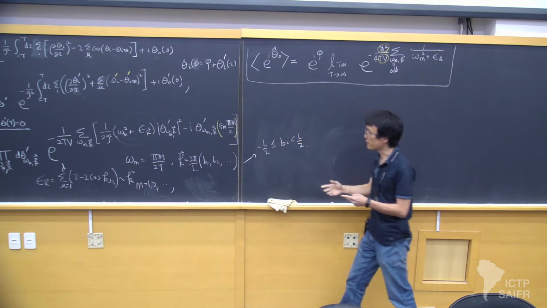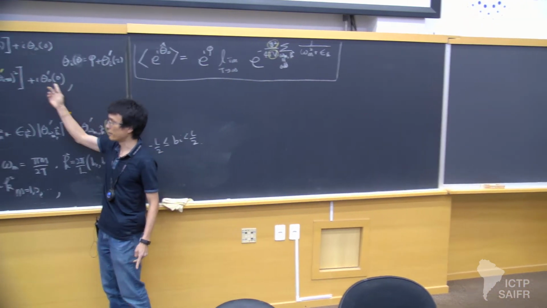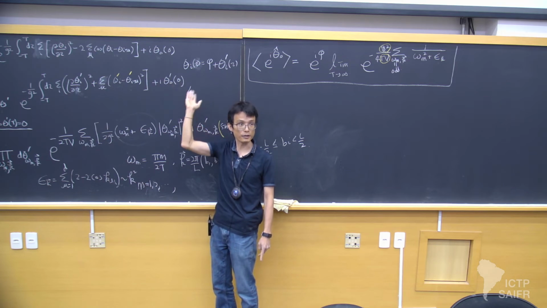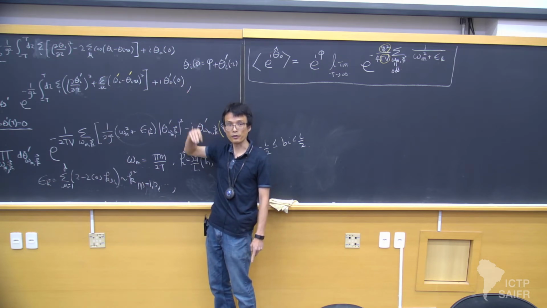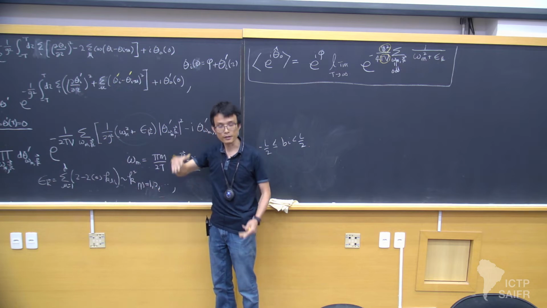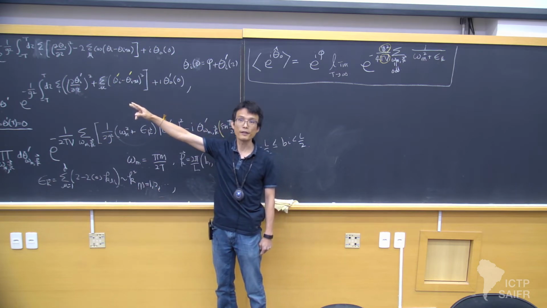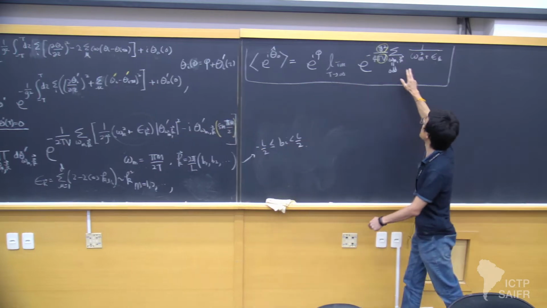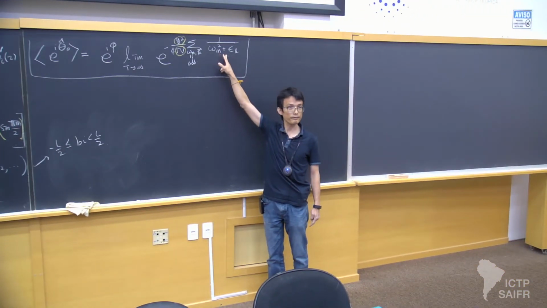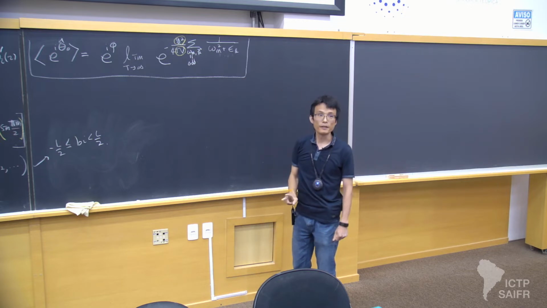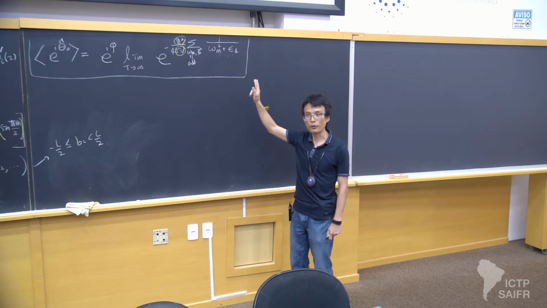Larger fluctuation means it creates more disorientation of this phase, more fluctuation in this phase, right? So therefore, it will contribute more in the suppression of the expectation value. Okay? So this is that factor. Any question about this point?